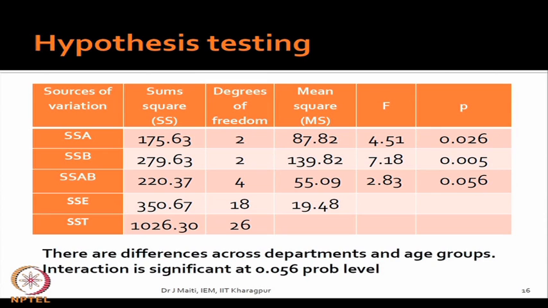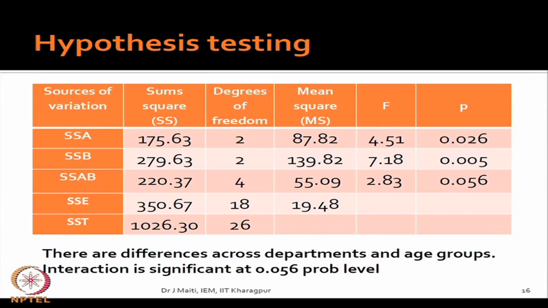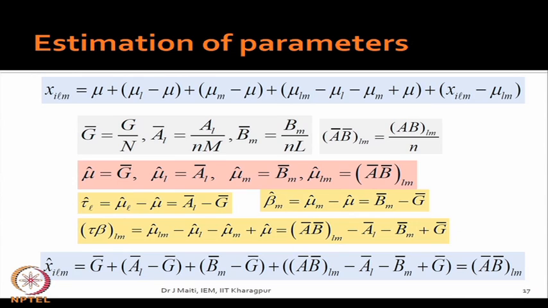Now, once this test is over, what is your next step? You have to estimate the parameters. These are the formulas for estimation of parameters. You see here again we are partitioning the observation x_ilm: mu plus mu_l minus mu, this is the A effect, mu_m minus mu, that is the B effect, then mu_lm minus mu_l minus mu_m plus mu.